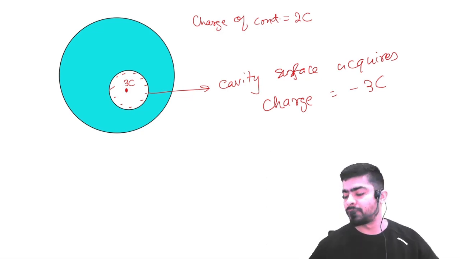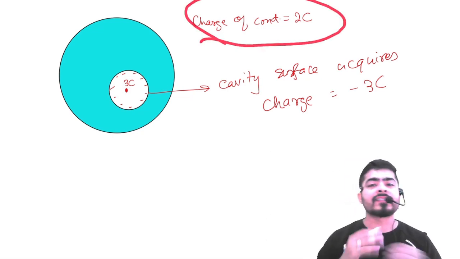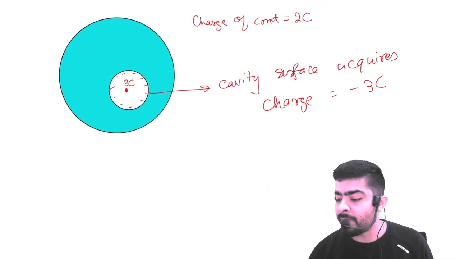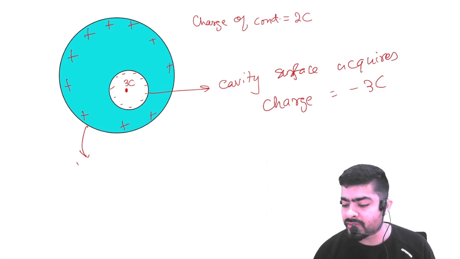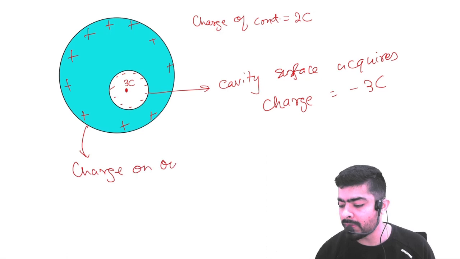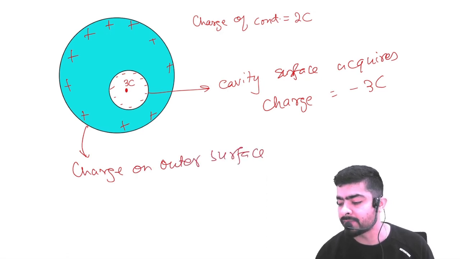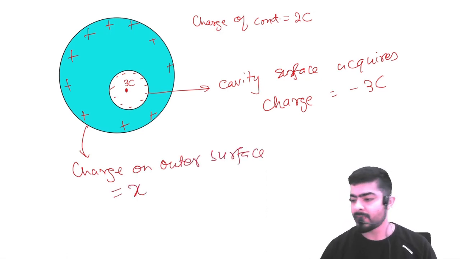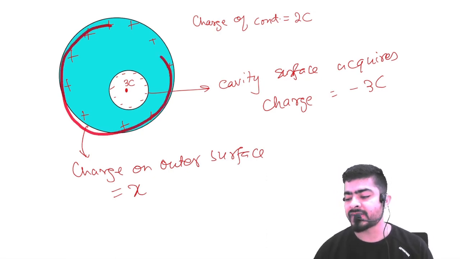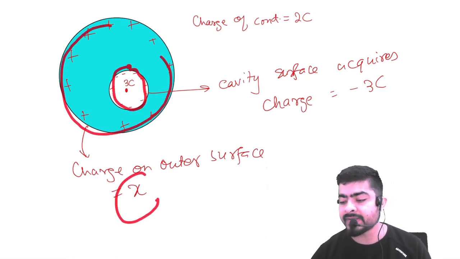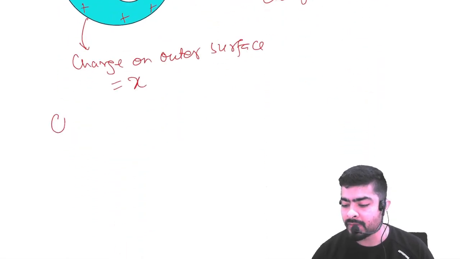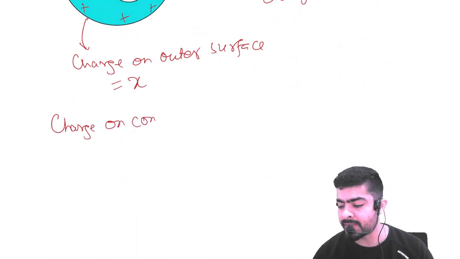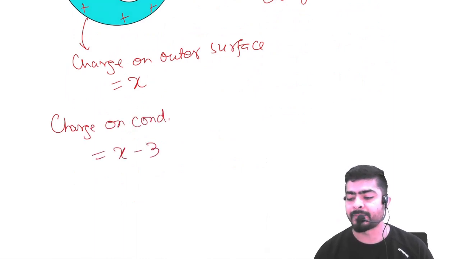Now, the total charge of the conductor is 2 coulombs. So there will be some charge on the outer surface. Let's say the charge on the outer surface is equal to x. So the outer surface has charge x, the cavity surface has charge minus 3. So the total charge on the conductor should be x minus 3.